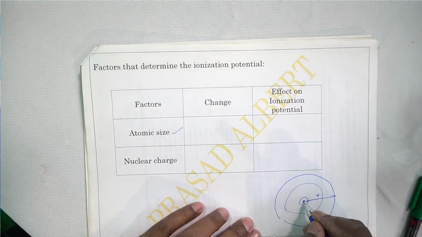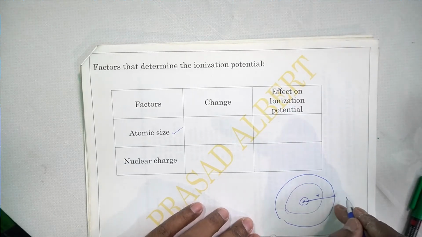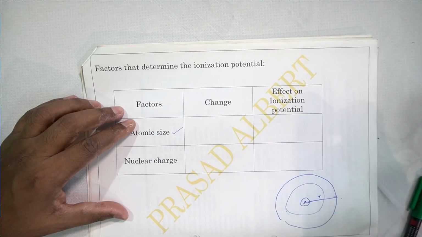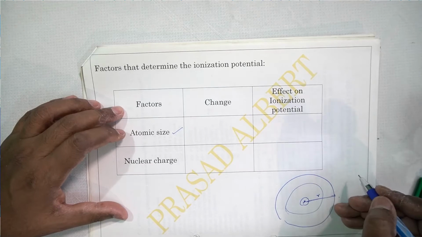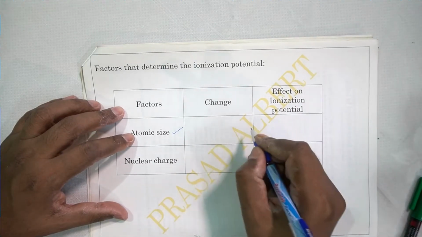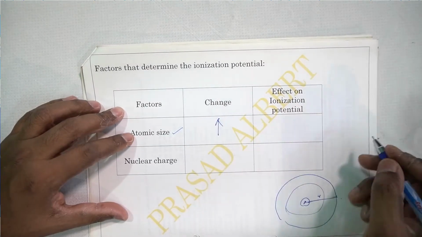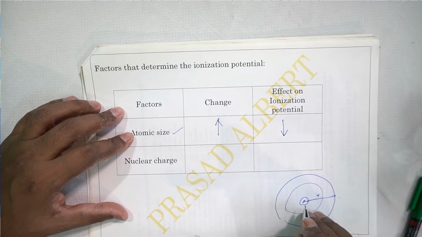So the attraction from the nucleus is substantially less. When the atomic size increases, the nuclear attraction is less, so it is easy to remove the electron, and you spend a small amount of energy. So when atomic size increases, the ionization potential decreases.